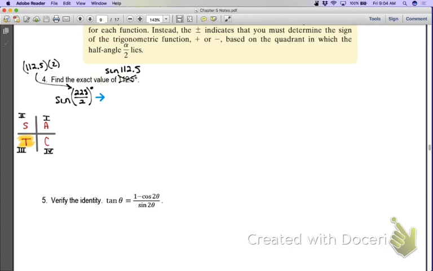So whenever I do this, everything I have is going to be the negative of the square root of 1 minus cosine of 225 degrees, all over 2.